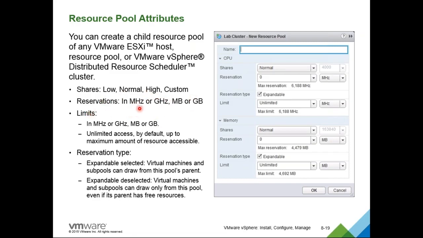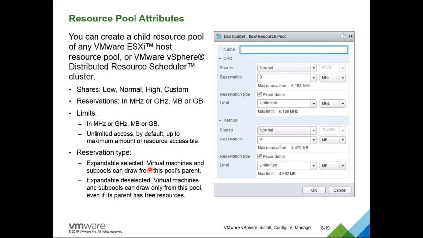Under reservation, you can specify megahertz or gigahertz for your CPU resource, and for your memory component, you can reserve MBs or GBs. Even for limits, you can allocate megahertz, gigahertz for your CPU, and for your memory MB or GB, or you can choose the unlimited option.